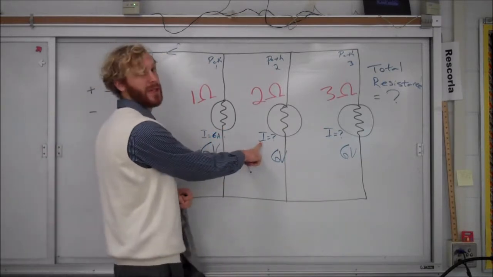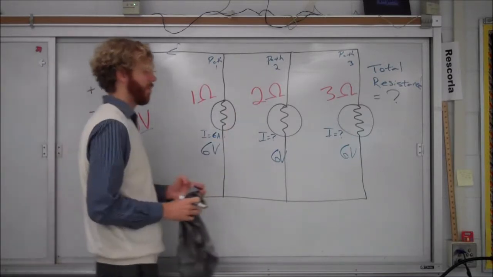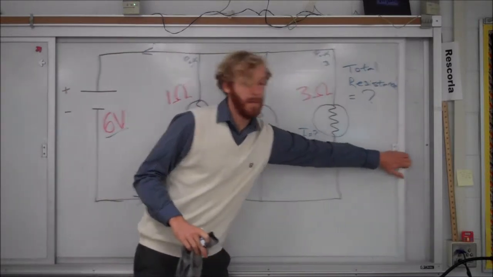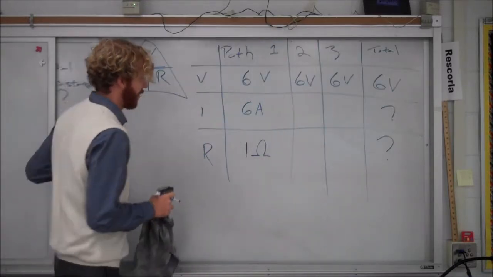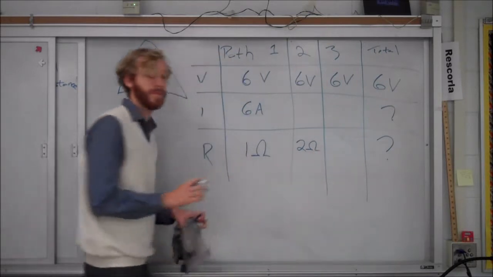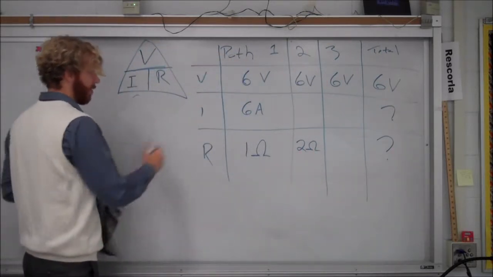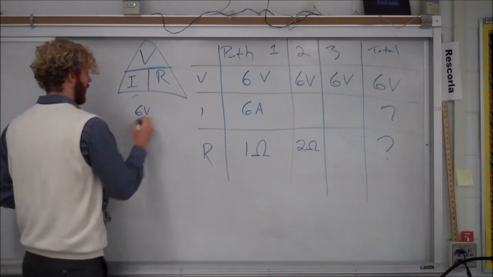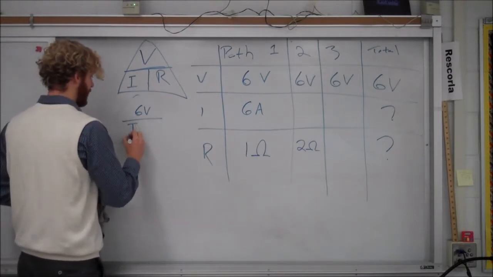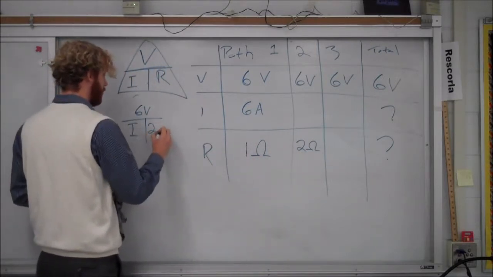Now we're looking at path 2. Our resistance on path 2 is 2 ohms. Our voltage is 6. So we can plug in R. We have 2 ohms. Now we can plug it into the triangle again with 6 volts on top. Our I is unknown, and our resistance is 2 ohms.